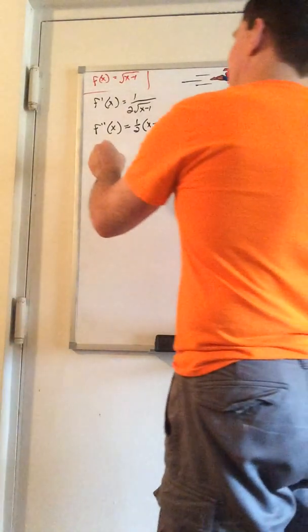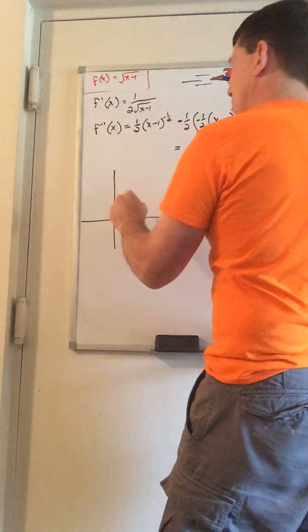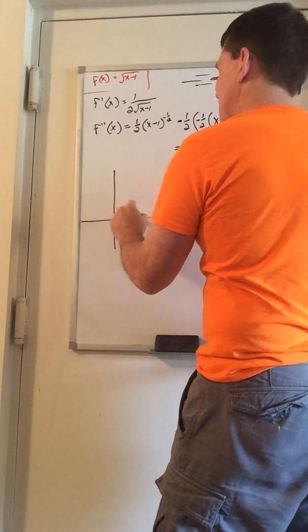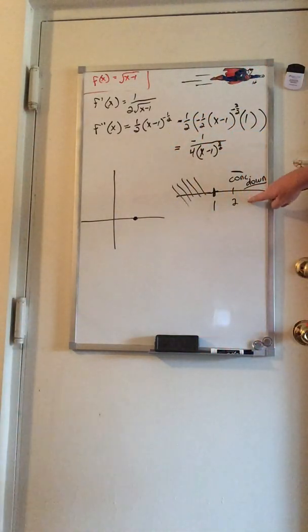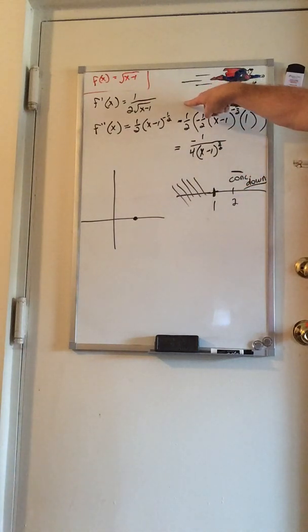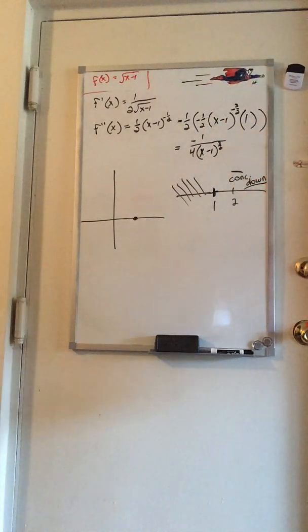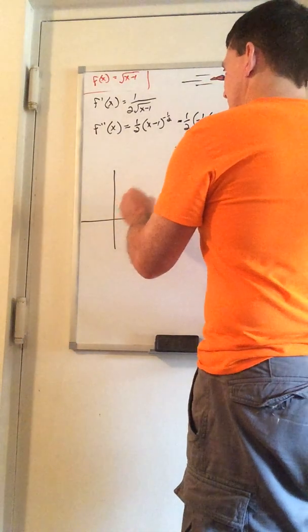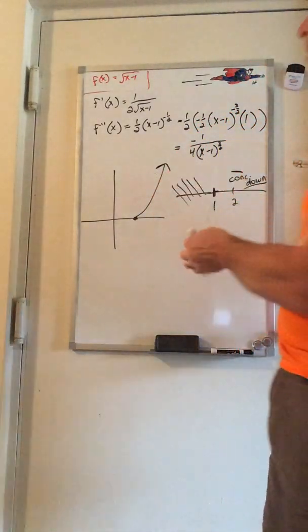So now, if I want to graph it, we found my critical point, which was (1, 0). We'll say it's right here. We're undefined to the left. Don't worry about it. To the right, it's got to be increasing. We already did that with the first derivative test. It's always increasing, but it's concave down, which means, oh, it can't look like that because that's concave up.